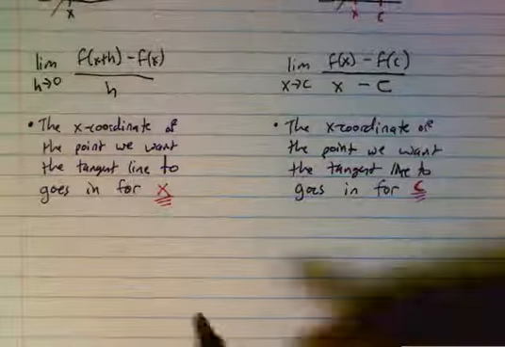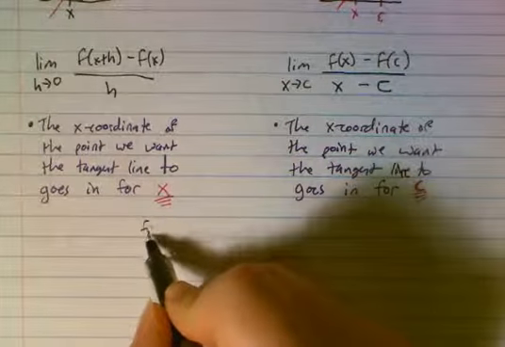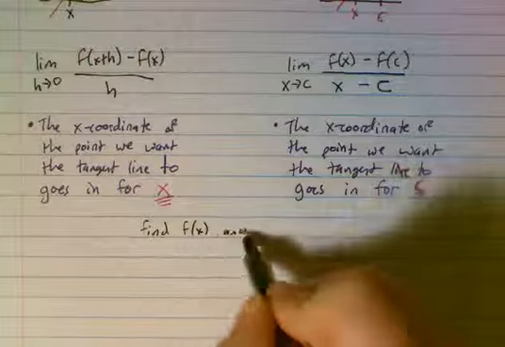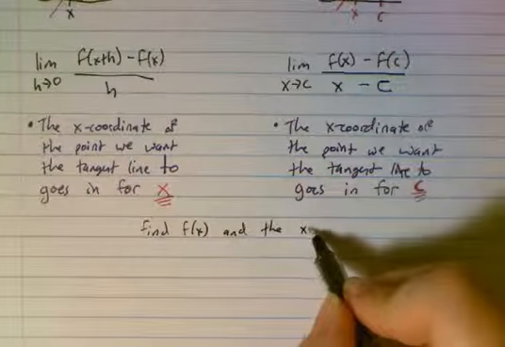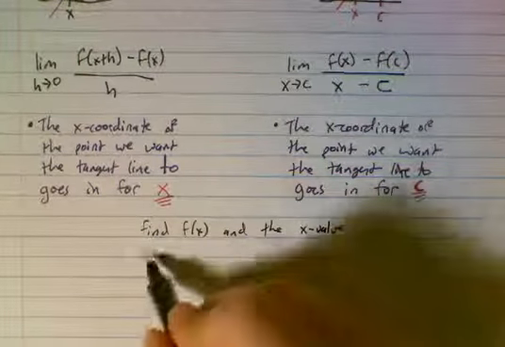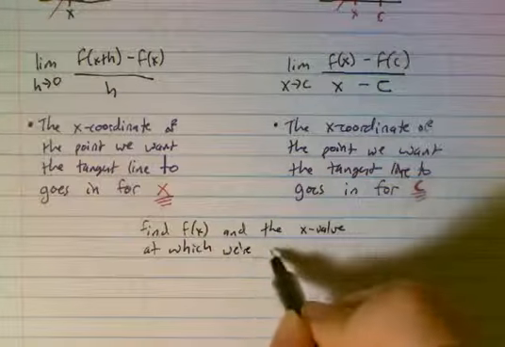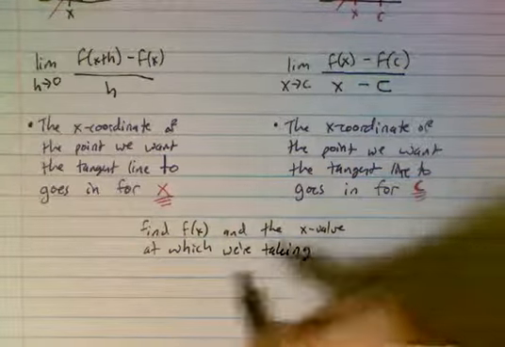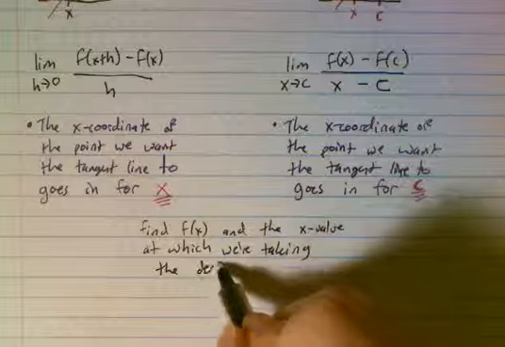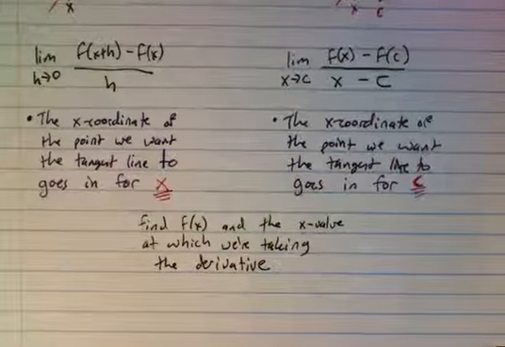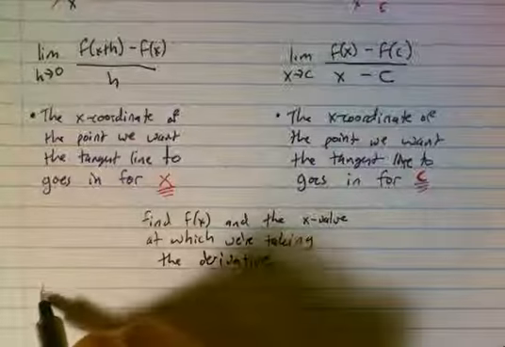So the types of problems that we're going to see is we're going to see that we want to find f of x and the x value at which we're taking the derivative. So on one hand, we're going to see this.